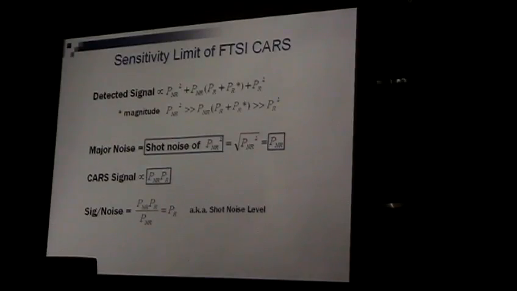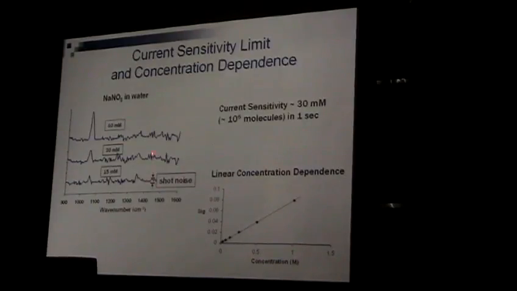Now we want to push this sensitivity and probe whether we can reach what is called the shot noise level. This is the theoretically allowed signal sensitivity level. I'm not going to bore you with this, but we can go there. This is the data with nitrate, where I changed the concentration, and this is the calculated maximum signal-to-noise ratio we can reach.